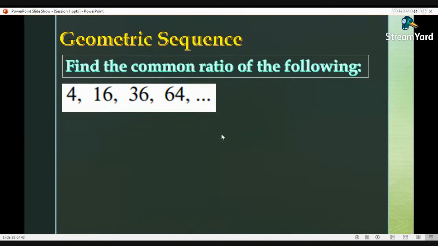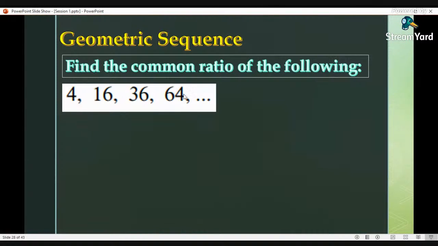Okay? Again, for this one, what do you think will be the common ratio? That is 16 divided by 4, it's 4. Sorry, I think this one has a missing term. 4, 8, 16, sorry, 32.